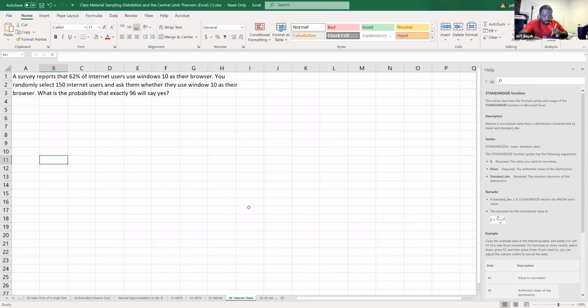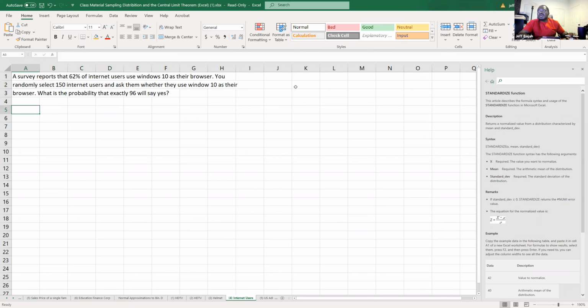So look at this question. This one says a survey reports that 62% of internet users use Windows 10 as their browser. You randomly select 150 internet users and ask them whether they use Windows 10 as their browser. What is the probability that exactly 96 will say yes? Right? So same thing here.